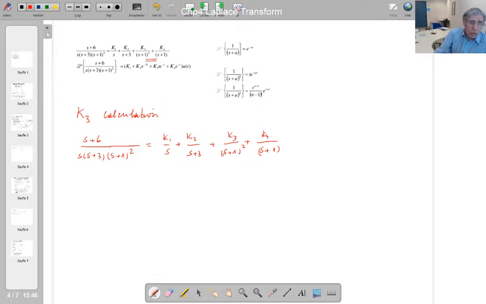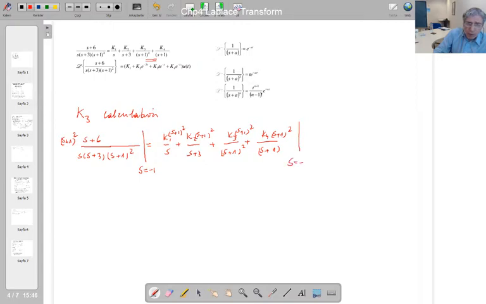In order to calculate K3, we multiply the left hand side by (s plus 1) squared, and the right hand side by (s plus 1) squared as well, and then replace s with minus 1.